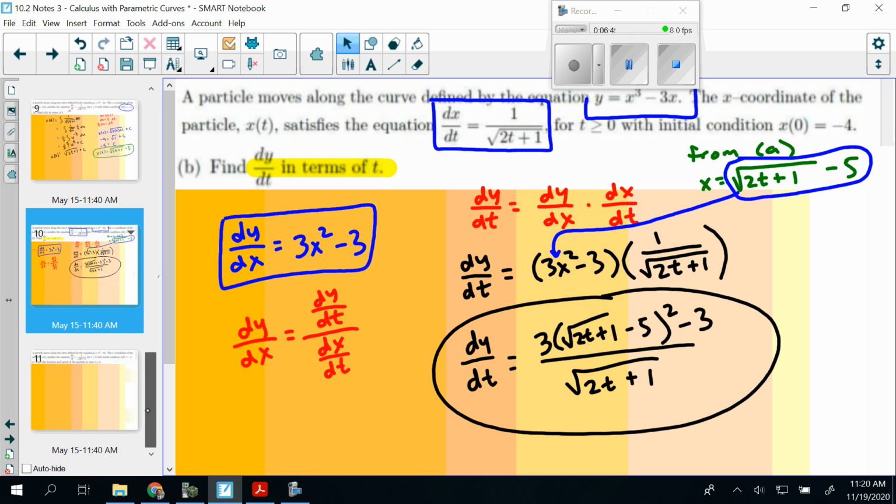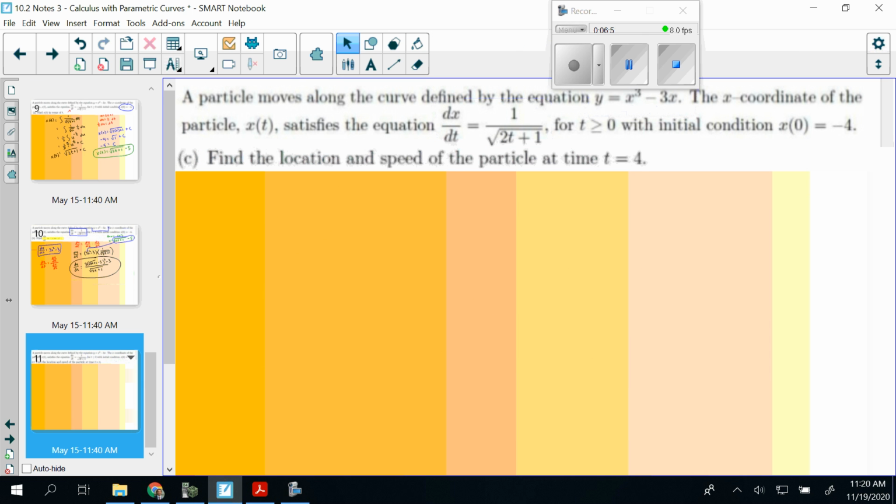All right, one last part to this FRQ. Part C wants us to find the location and speed of the particle at a time of 4. To do that, we are going to have to look at a few things here. One being that we can find our speed with that square root equation.